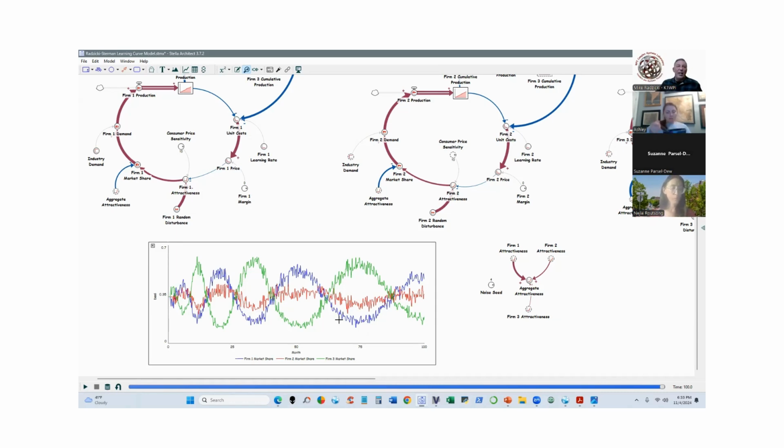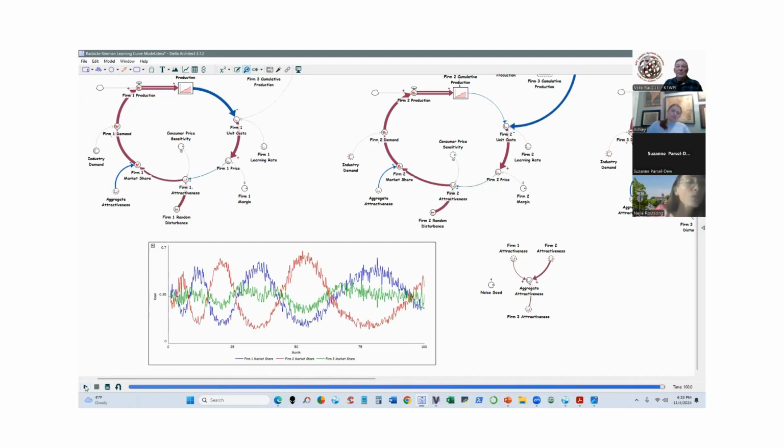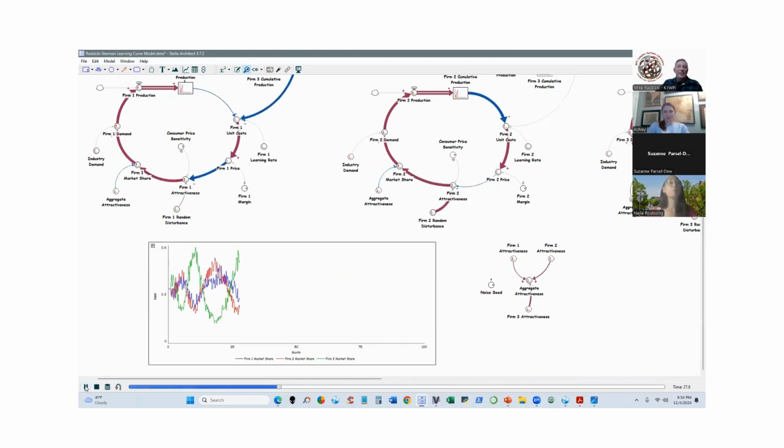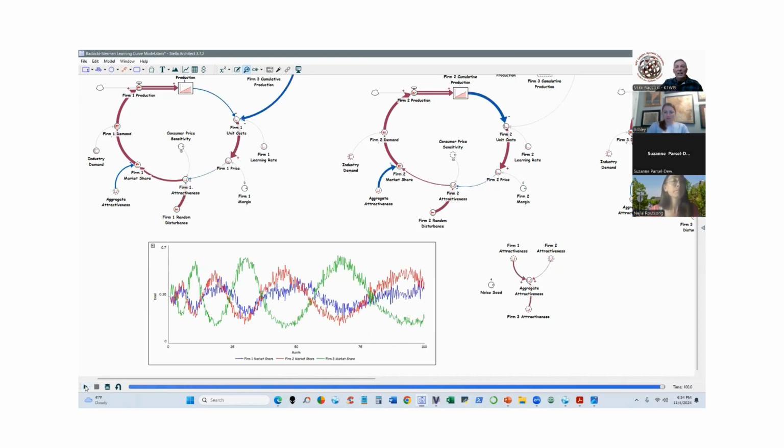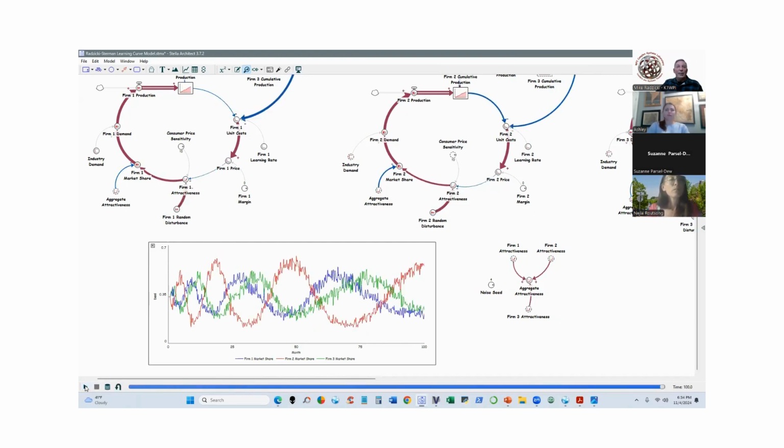Sometimes we're up, sometimes we're down. Well, this time, firm 3 is green. It's kind of reversed, and firm 1 and 2 are doing the big swings. And you can see that the red and the blue are kind of the same. Now the blue and the green are kind of the same. And none is kind of in the middle and so forth.